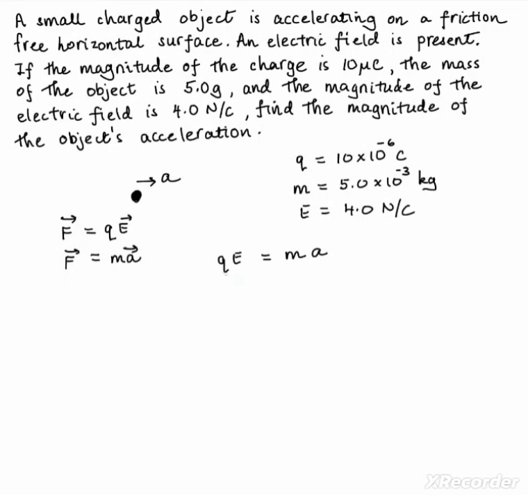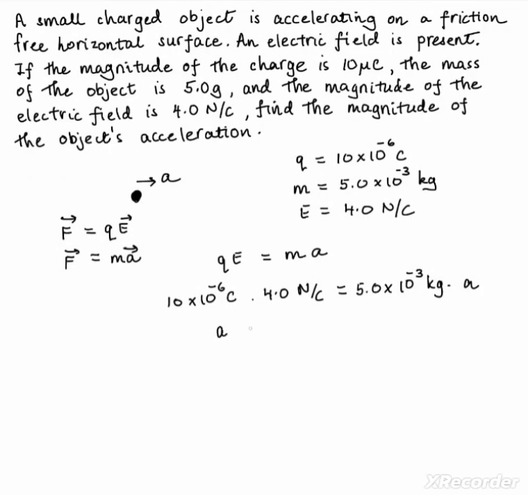So let's look at Q. We have 10 times 10 to the negative 6th coulomb. E is 4.0 newtons per coulomb, and that is equal to the mass times the acceleration. The question asks for the magnitude of the object's acceleration.